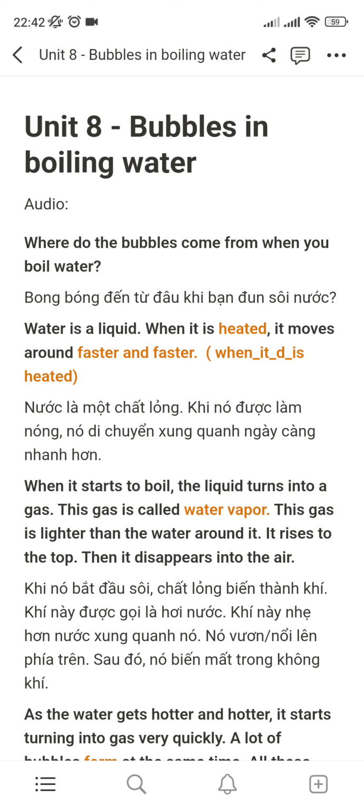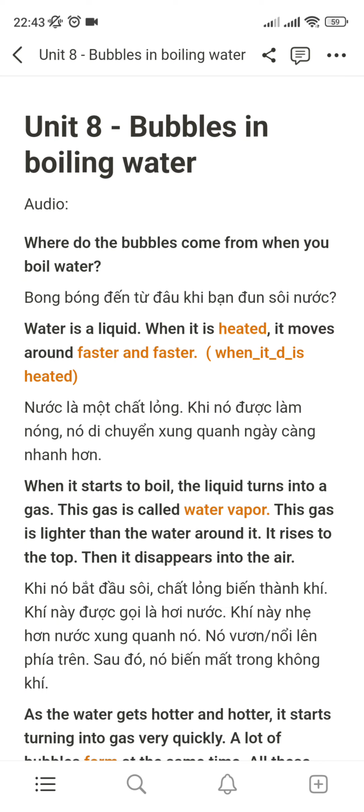When it starts to boil, the liquid turns into a gas. This gas is called water vapor.